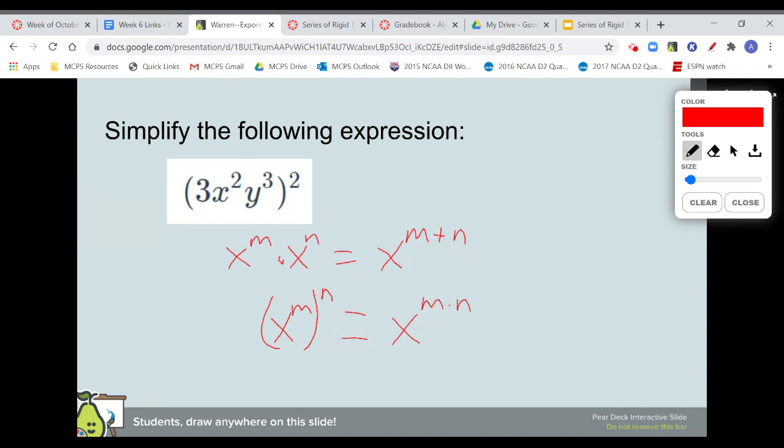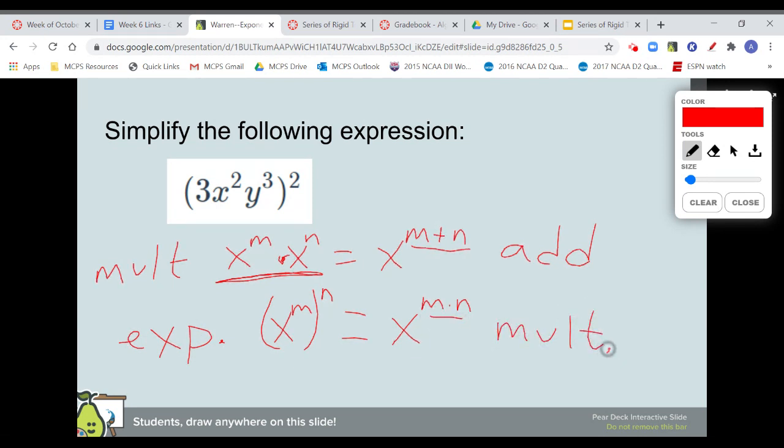So there is a trick in remembering these rules, which is basically, look here on the left. Right here, I see a multiplication, and a multiplication results in an addition. Then down here, I have an exponent, and that results in a multiplication. Think about how addition is the most simple, multiplication is the next most simple, and then you have raising to an exponent.